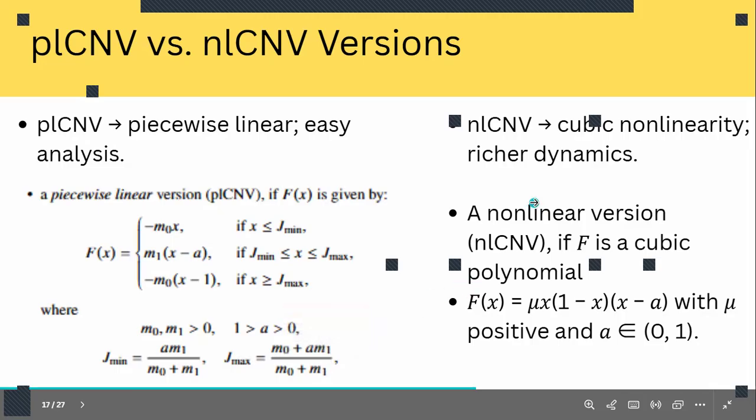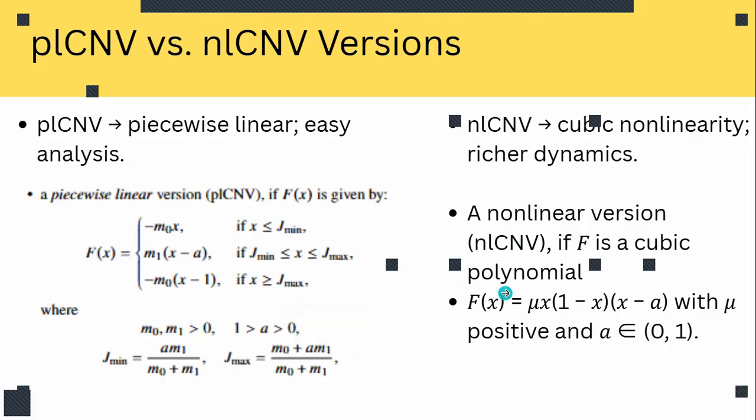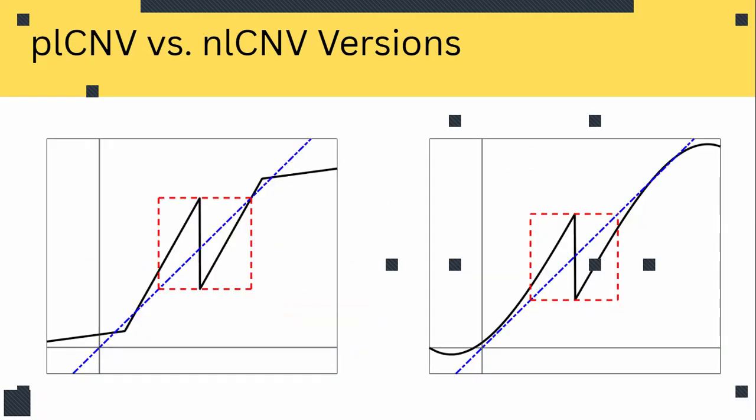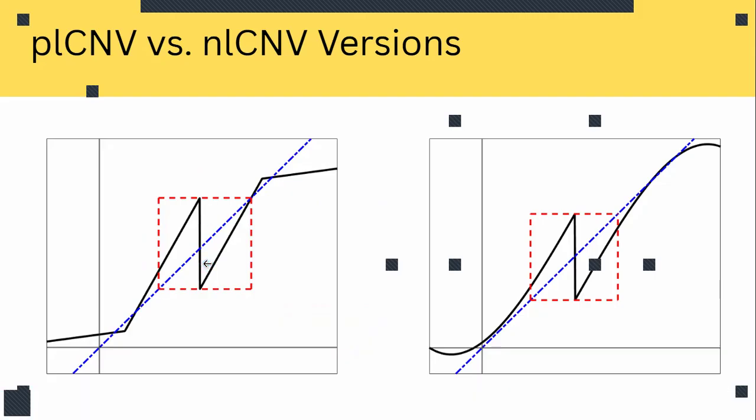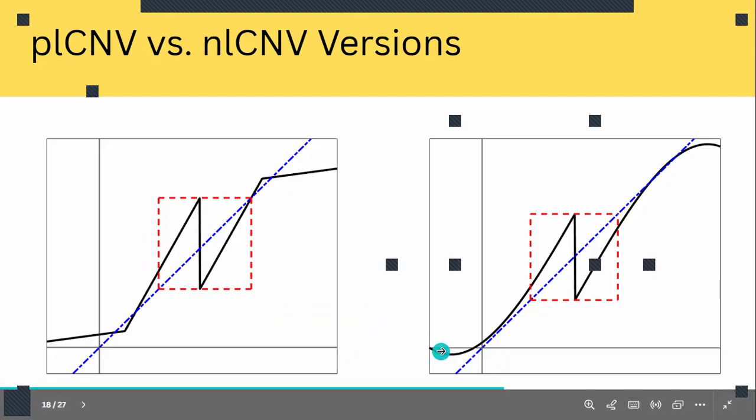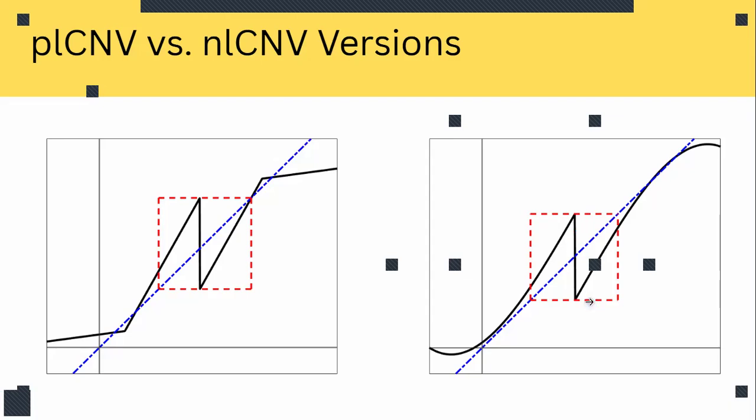And for the nonlinear case, f(x) is equal to mu x (1 - x)(x - a). As we can see here, we call it piecewise linear because we can see the linear lines, and for the non-linear, it is not linear.